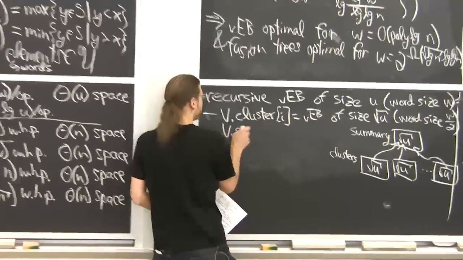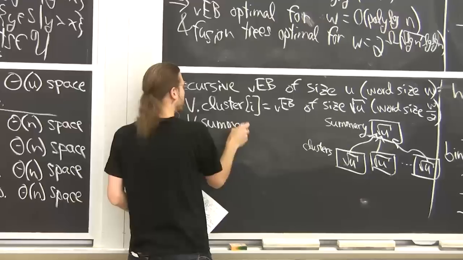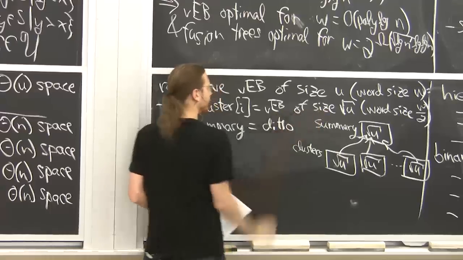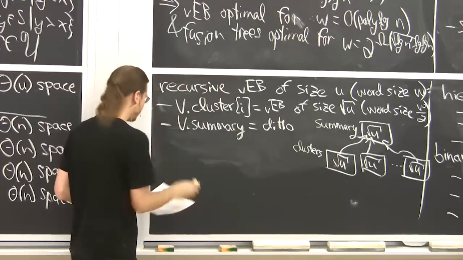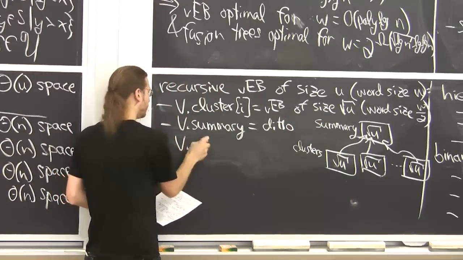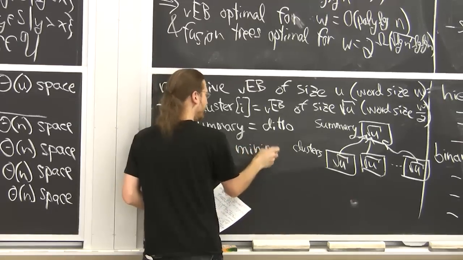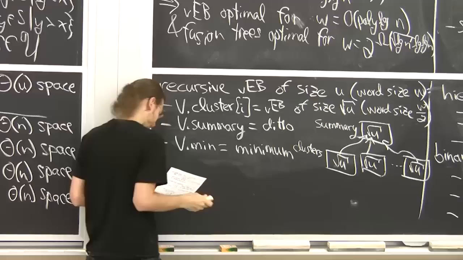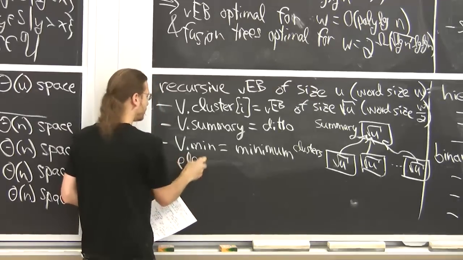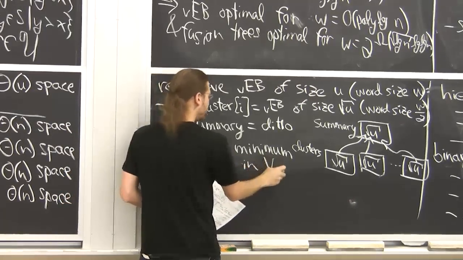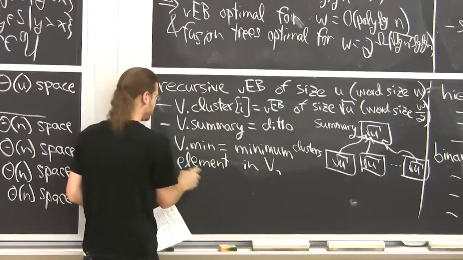Okay, and then v.summary is the same thing. It's also a van Emde Boas thing of size root u. Then the one other clever idea, which makes all of this work, is that we store the minimum element in v.min, and we do not store it recursively.